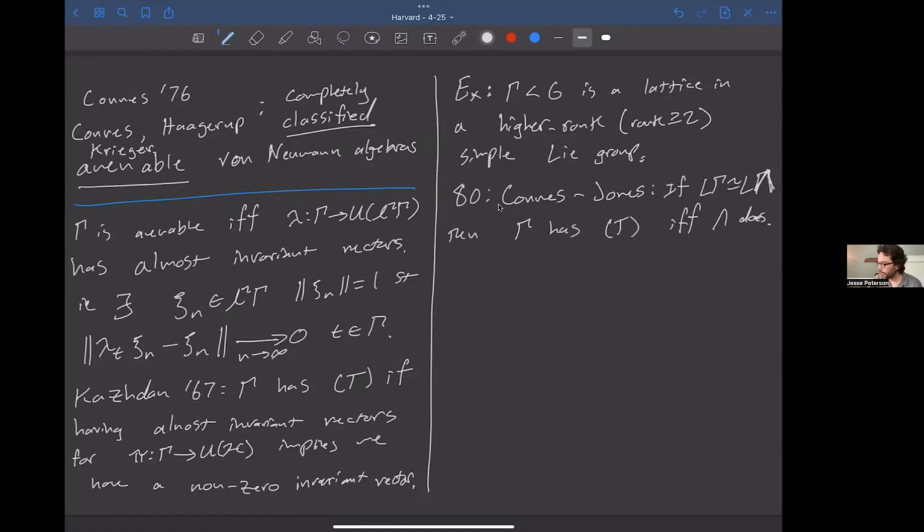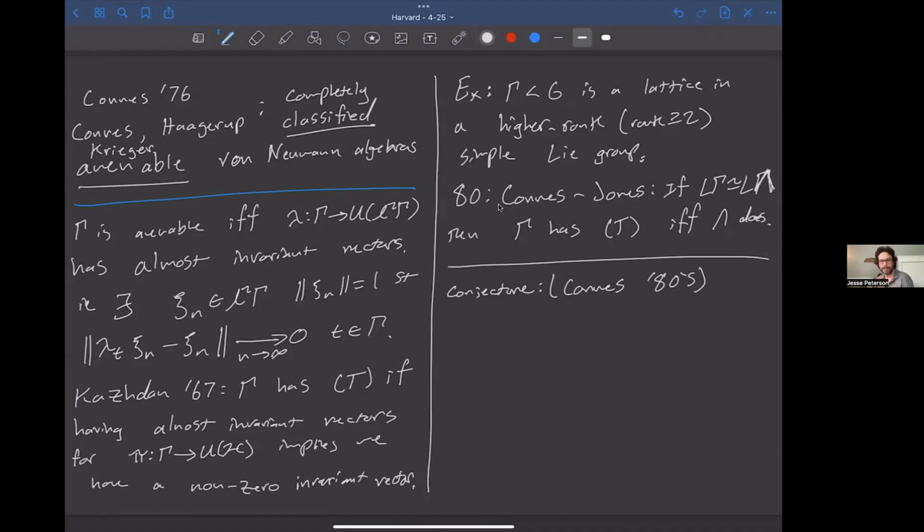Based on this, Connes conjectured, so this is Connes in the 80s, that you should be able to see some of this rigidity from the higher rank situation.